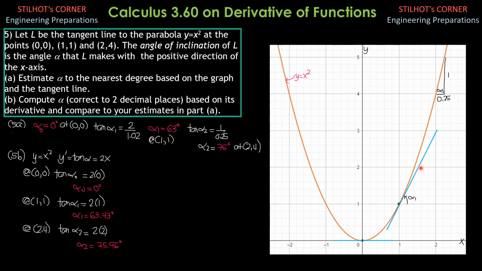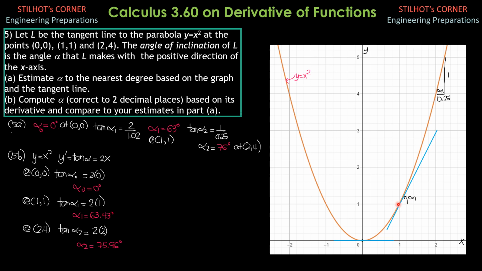So we have the rise, which is from 1 to 3, so it's 2, but the run horizontal is more than 1 point, because this is 2.2, so we can estimate this as 2.02.